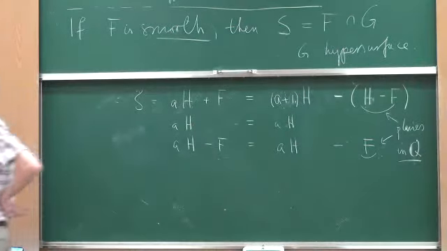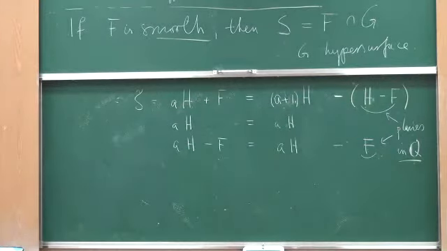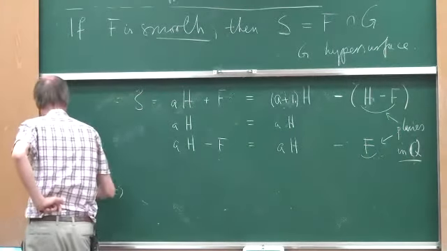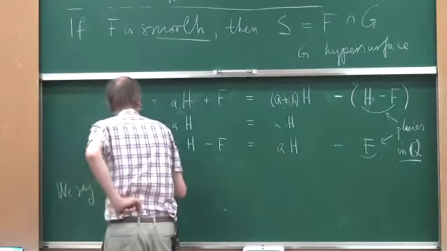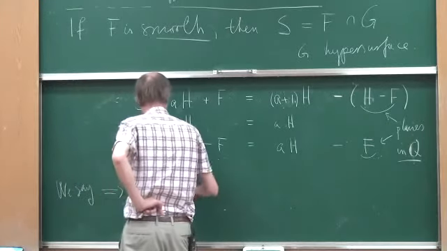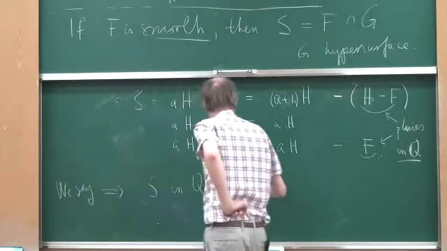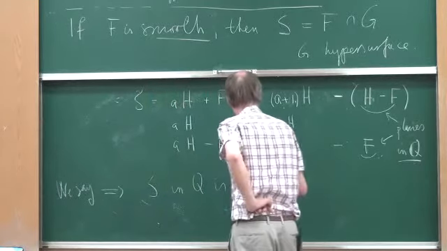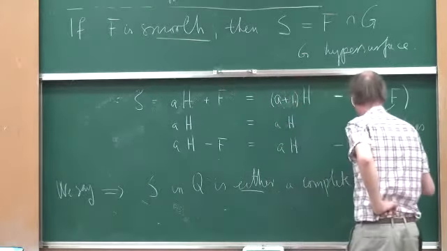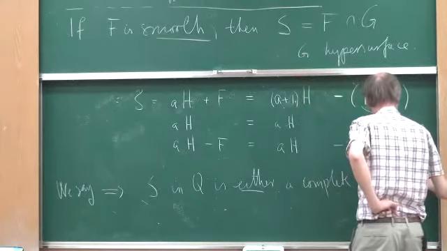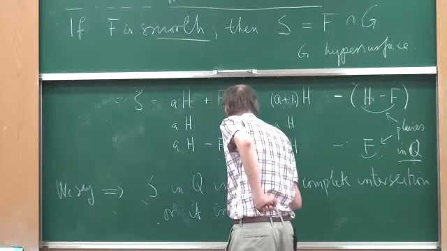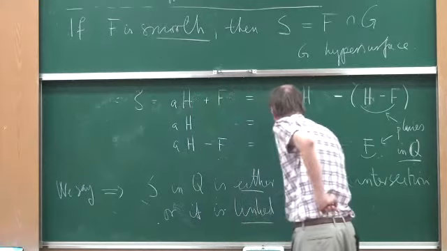Both of these guys are planes in the quadric. And so we say that S in Q is either a complete intersection or it is linked to a plane.